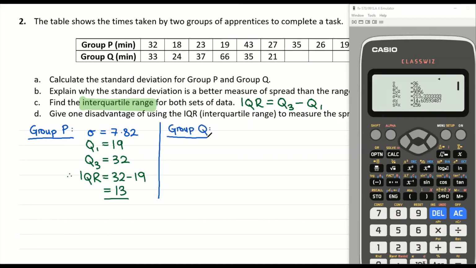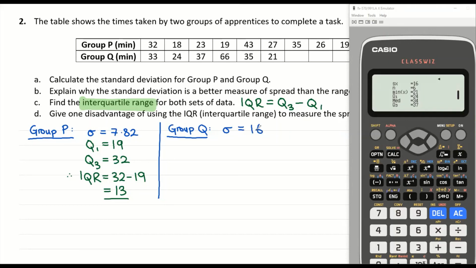So for group Q, once again, we need the standard deviation. We'll use the sigma x standard deviation, so that's going to be 16, which is huge.